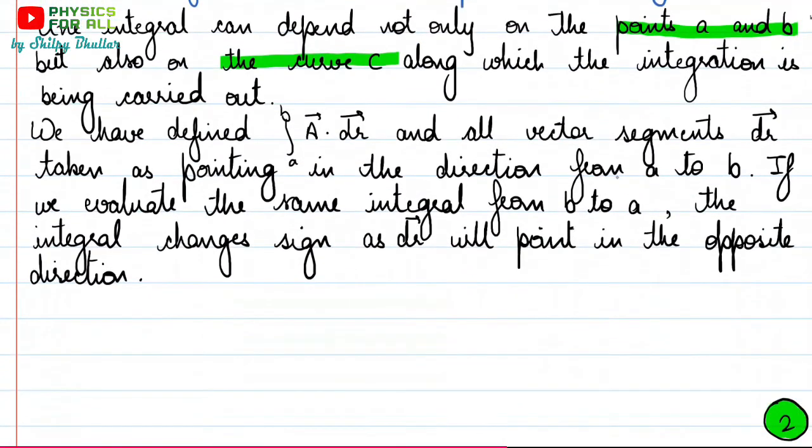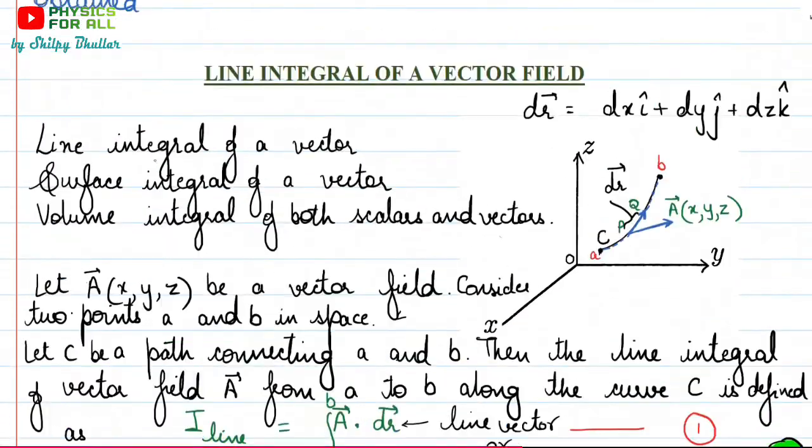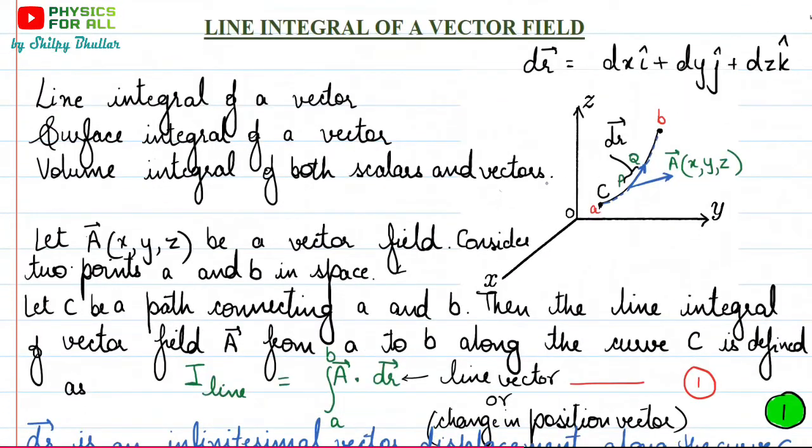As we've just mentioned, these vector segments dr are all vector displacements. So they must be pointing in some direction, because a vector is associated with direction as well. So what is the direction? The direction is from A to B. See, all the vectors are going from A to B. A is our lower limit, B is our upper limit. Because it is a vector quantity, direction will definitely be there, so we have to see where it is going.